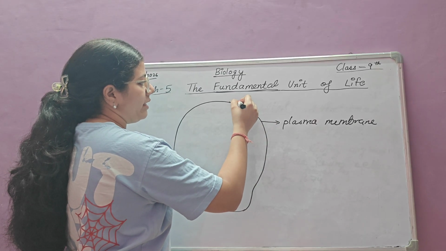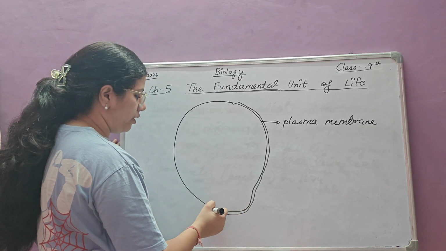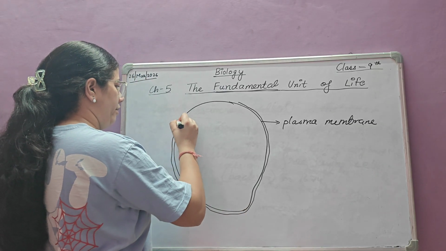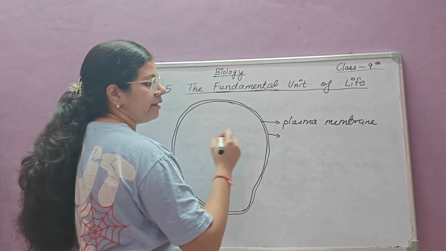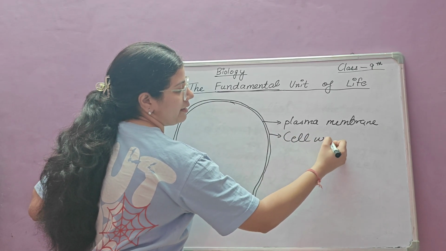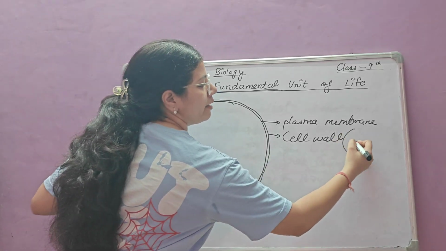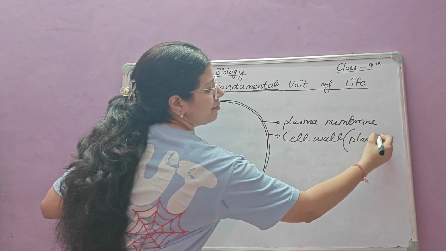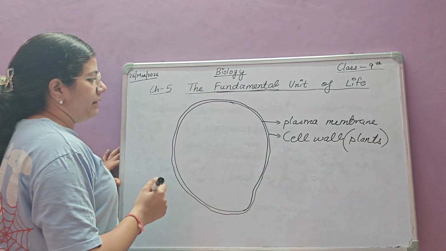So in case of plants, there is an additional outer layer that is hard in nature. It is the cell wall. Cell wall. Okay. It is only present in plants. Okay.